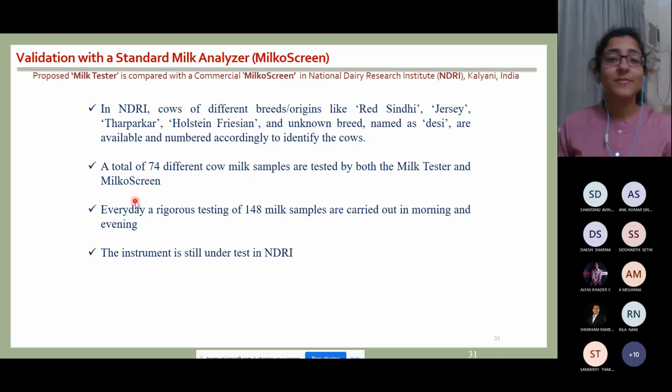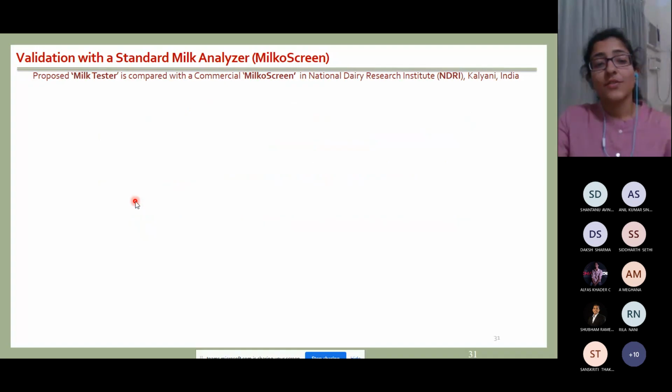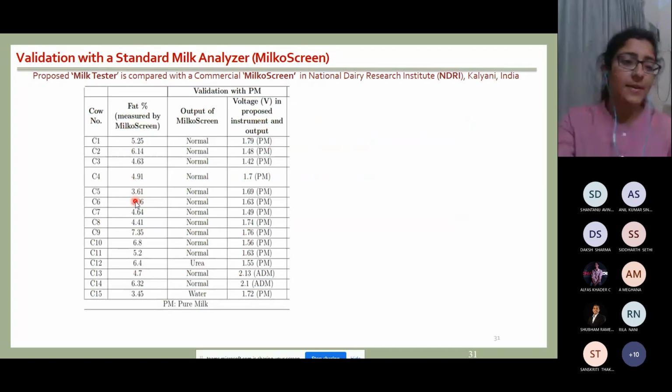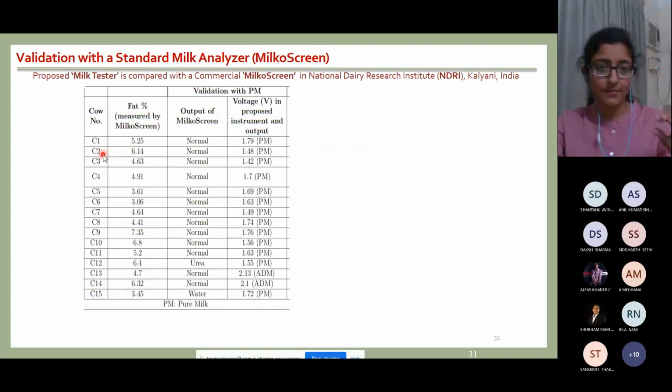But in the testing part, there is no manipulation, because every sample is unknown to you. So that needs validation. Here I am giving the example of 15 cow milk samples, where we validate the output of the Milko screen against the output of the proposed instrument.